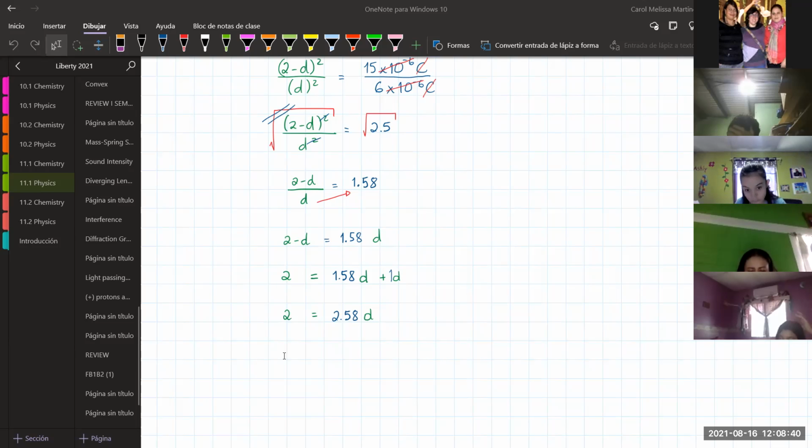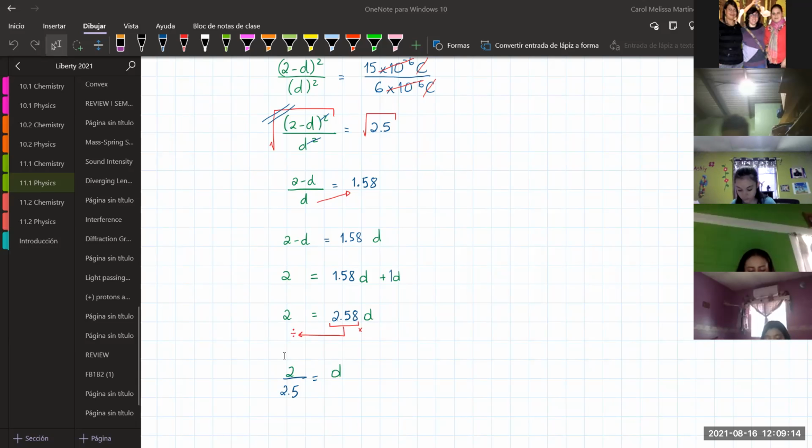Now my d is just one variable, okay? Here I had 2, but now it's been reduced to 1. And this value right here is multiplying, so it needs to be sent to the other side. It is multiplying, so on the other side it will be sent to divide. So you have 2 divided by 2.58 is equal to d.